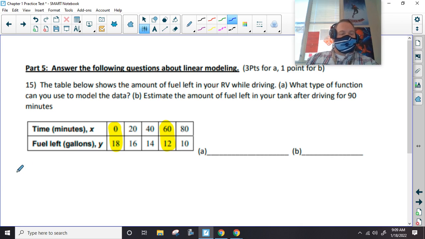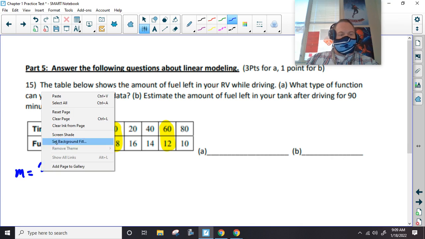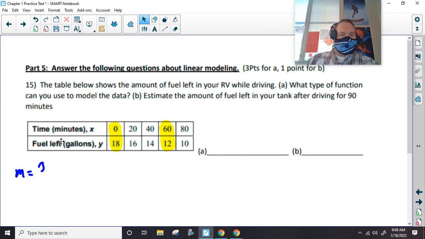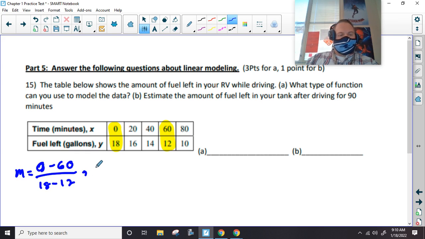All right. So to find our m, 18 minus 12 over 0 minus 60. It's negative 60 over 6. So we get negative 10.